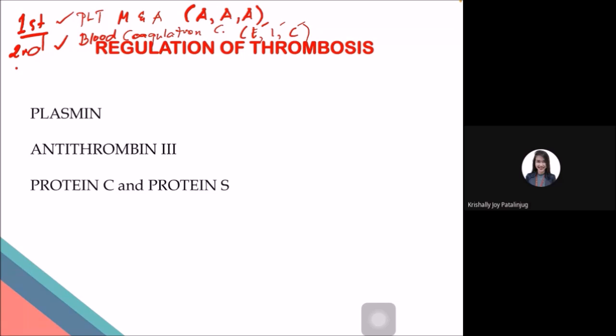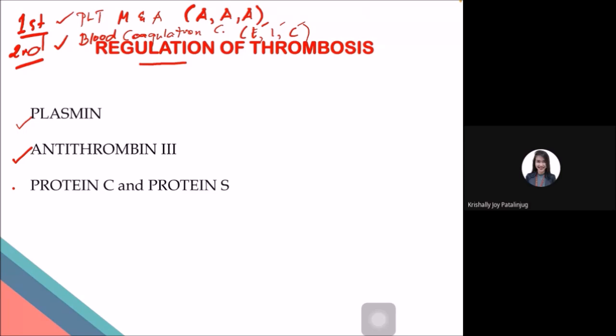And good thing, we have 3 regulators of thrombus, or clot nga na form. Sila yung responsible para ma-remove si clot, preventing clot formation. So number 1, we have plasmin, the plasmin's action, antithrombin 3, and the protein C and S.